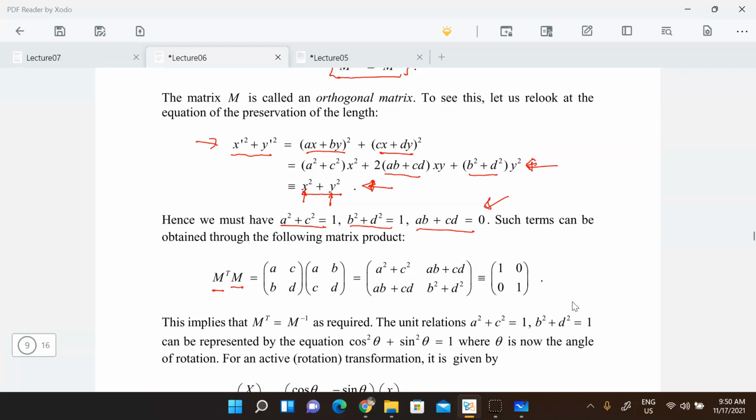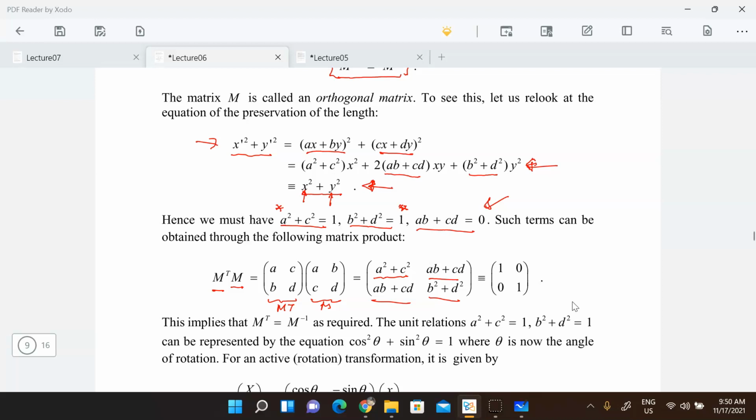Here's M, here's M transpose. When you multiply that, what do you get? Your A squared plus C squared, this one your B squared plus D squared, and then your AB plus CD will appear on the off-diagonal.